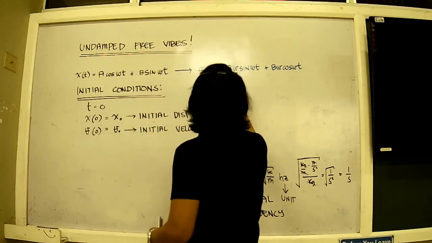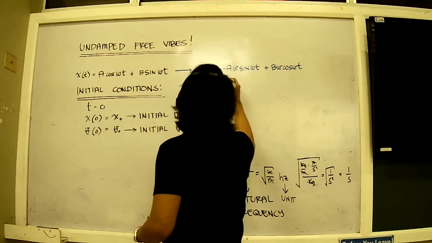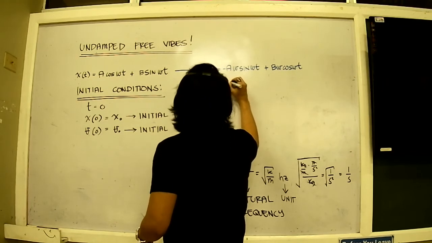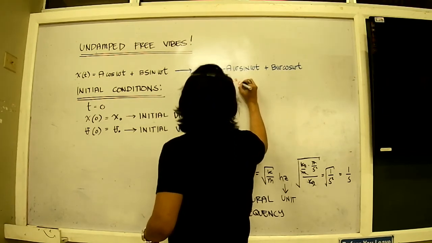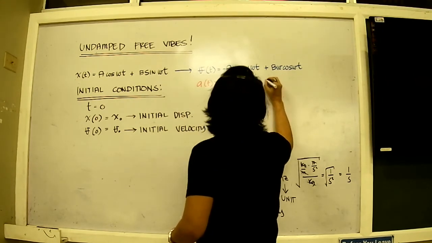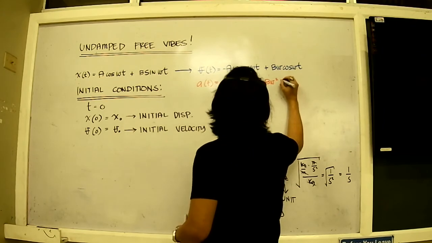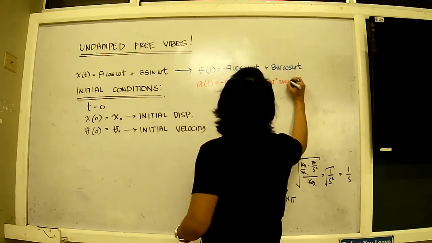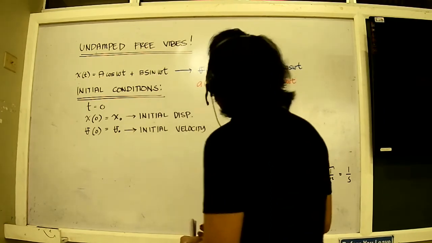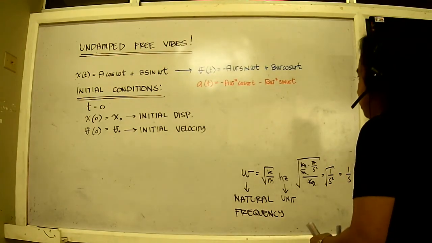This is equal to negative A w squared cosine wt minus B w squared sine wt. So we have something that looks like this.